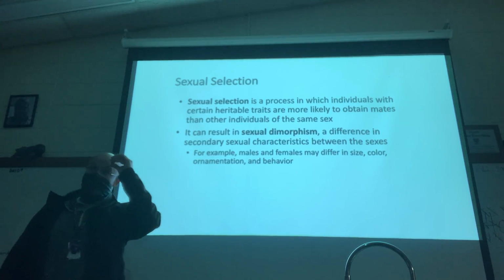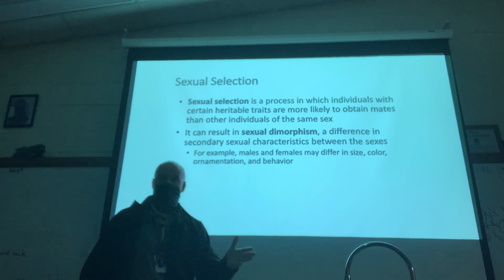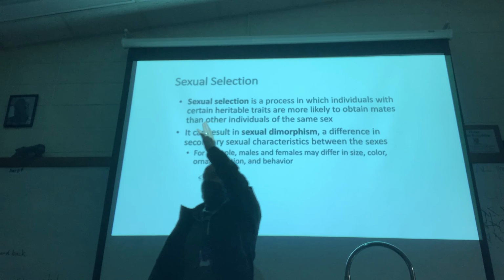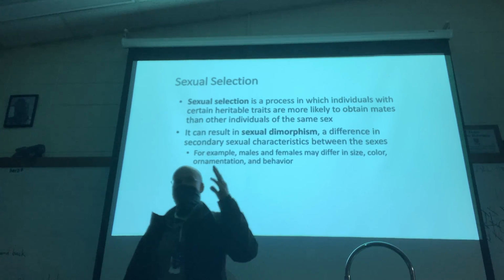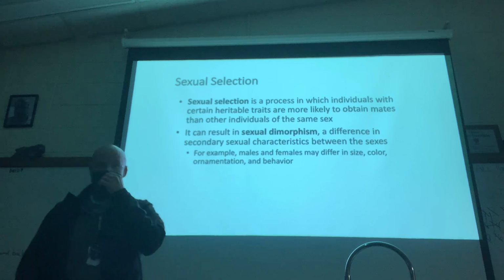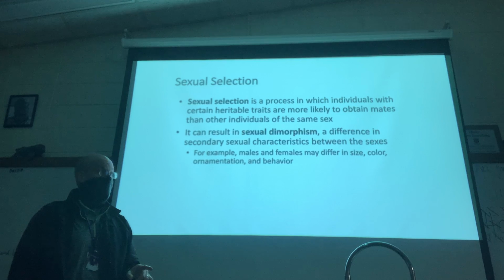And this is something that really bothered Darwin at first. I think Darwin was so focused on nature shaping populations. Populations change because of the environment they're in. But it's not all the environment you're in.